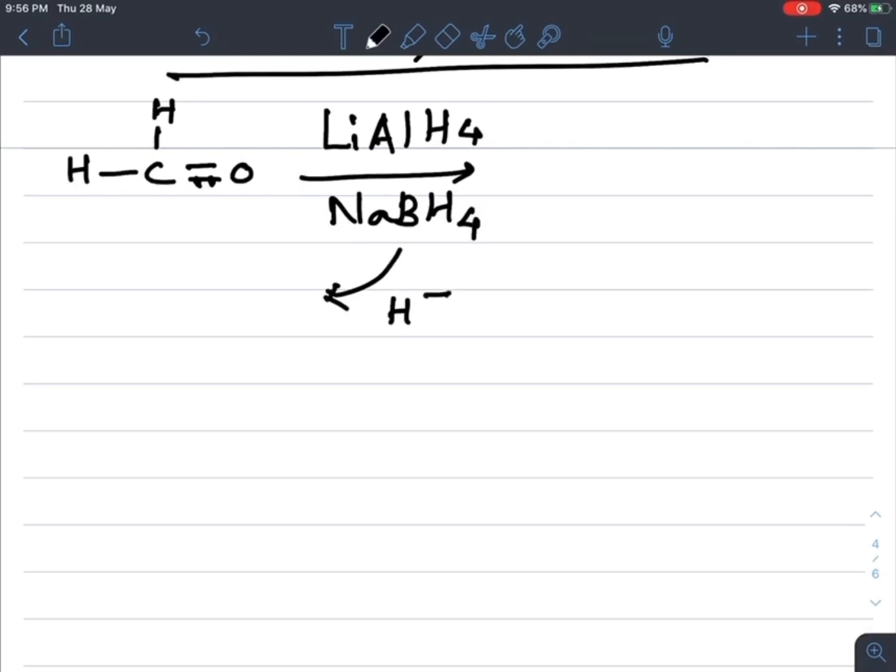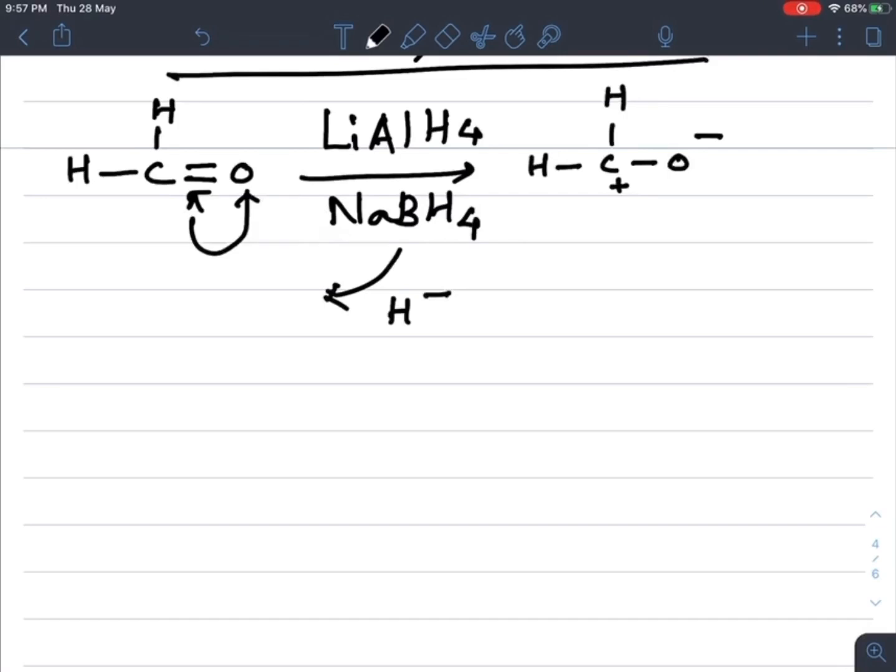So what happens here? Both the pi bonded electrons are transferred onto the oxygen. So the pi bonded electrons are shifted onto the oxygen, and the intermediate compound is formed first, that is CH2O minus, and here a plus charge is there.